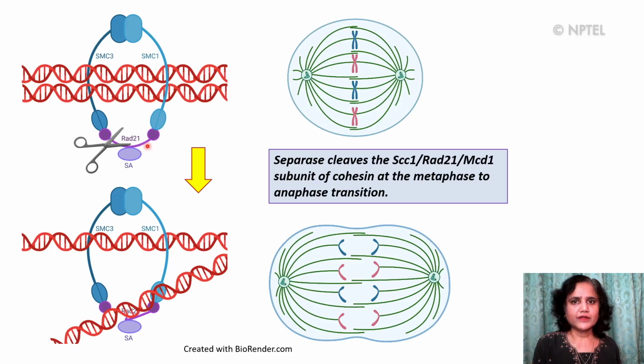When this subunit is cleaved, the cohesin ring opens up and the DNA molecule can be released. In this way, the two sister chromatids can separate from each other. They are no longer paired with cohesin, so the metaphase to anaphase transition has occurred. Because they are able to separate, they come apart and are further pulled away from each other by the spindle microtubules.